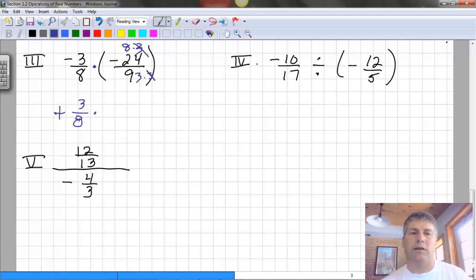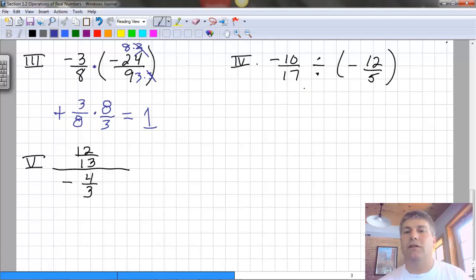So the 3's cancel. And I end up with 3/8 times 8/3. Well, that is equal to 1. Those are reciprocals. How about that?